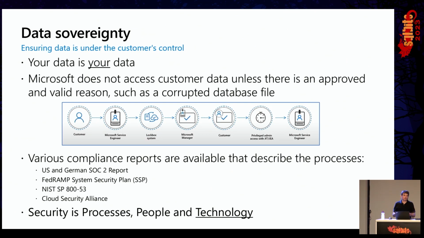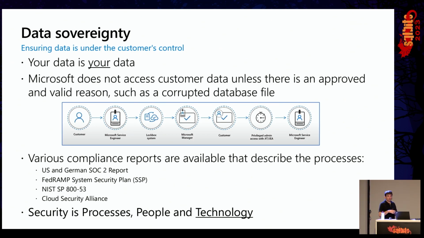Now, security, and data sovereignty in particular, involves processes, people, and technology. In fact, these are team disciplines, if you will, right? Security and data sovereignty involve multiple parties. This slide describes what Microsoft does and what we don't do.